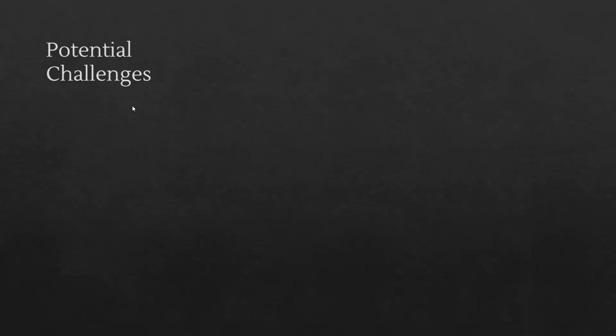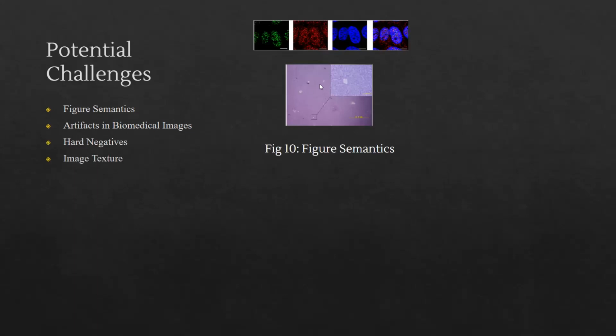Okay. So the first potential challenge is that biomedical research documents contain images that look similar, but the figure semantics indicate that they are not manipulated. And second, the semantics involve repeated portions of images that are magnified to highlight experimental results. I'll get the figure over here. So this is the figure semantics that I was talking about.